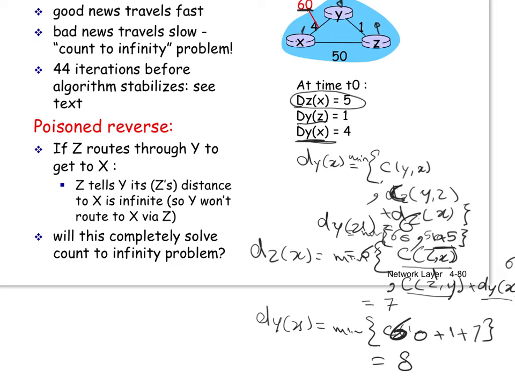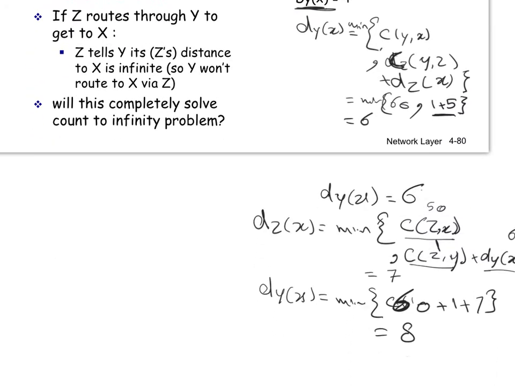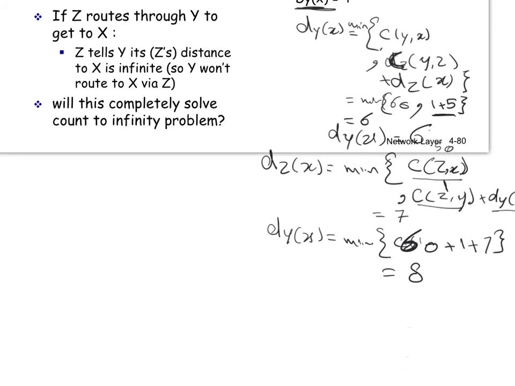Okay? So when the cost between Z and X becomes 50 after different increments, right? So the cost between Z and X becomes 50. So now we need to calculate the cost between Y and X based on the fact that the cost between Z and X is 50.